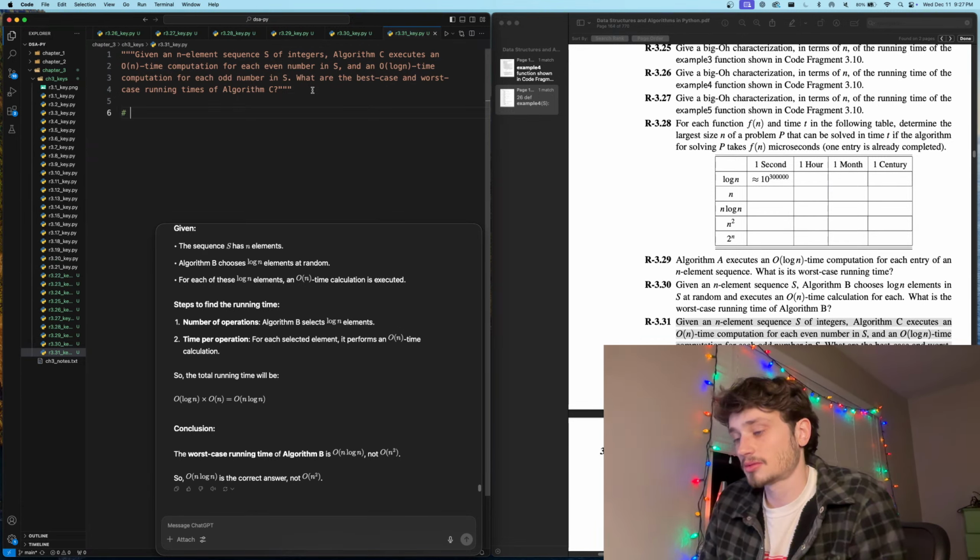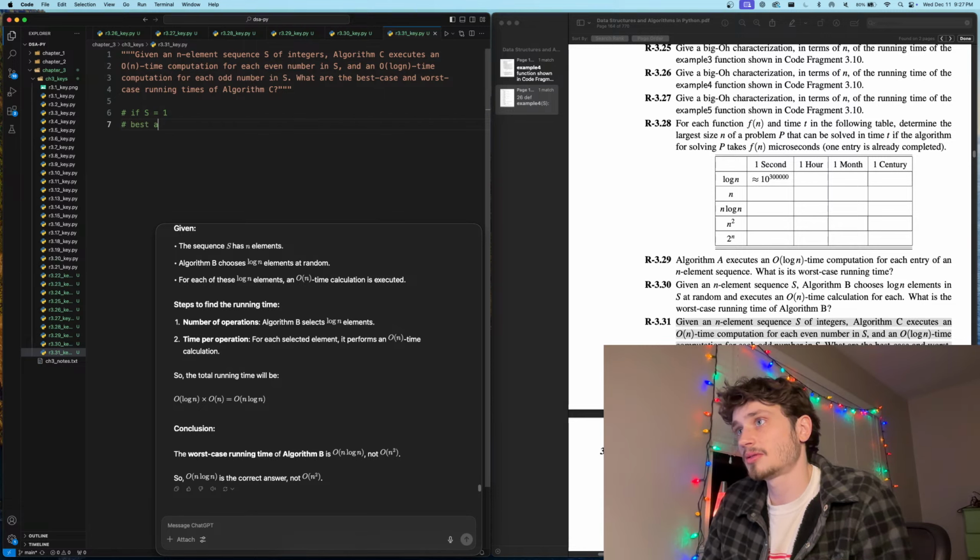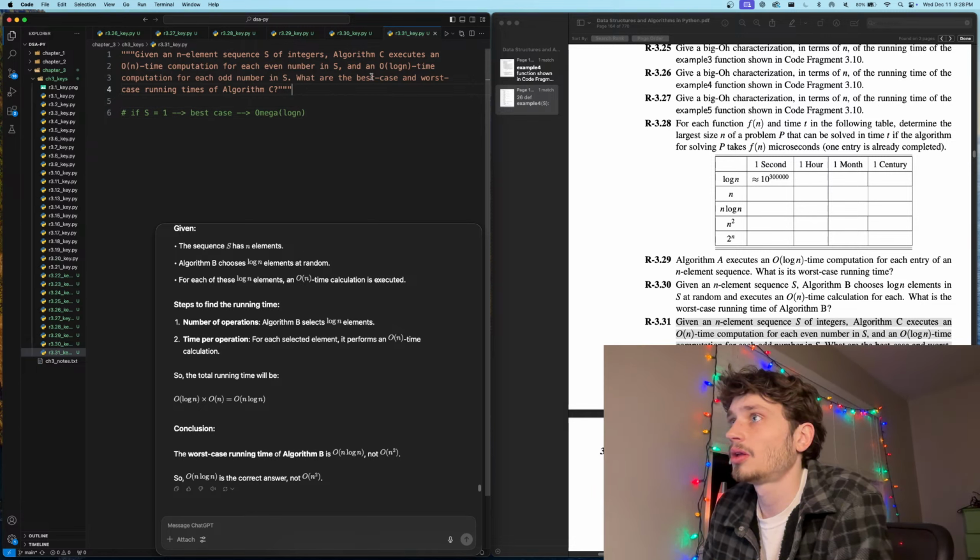If the sequence is equal to 1, the best case, which is the best case in my opinion, right? This would run in big Omega of log n, because it would just perform the log n time computation on the single odd number, right?